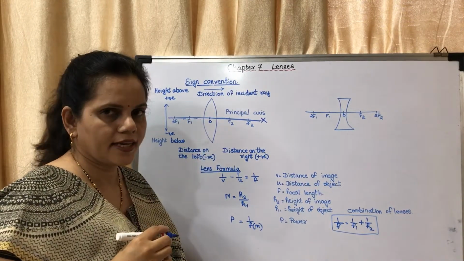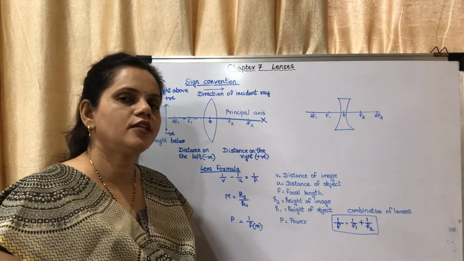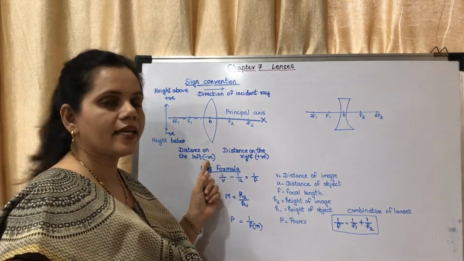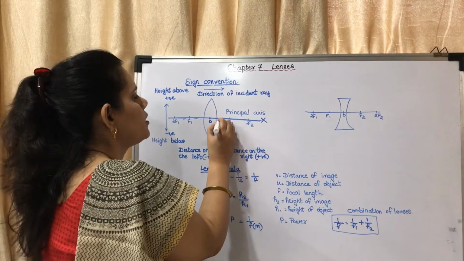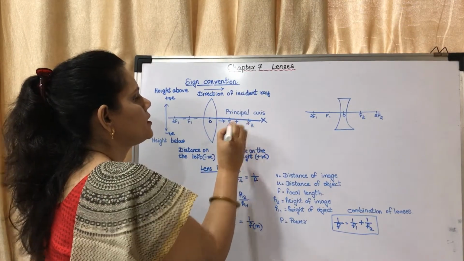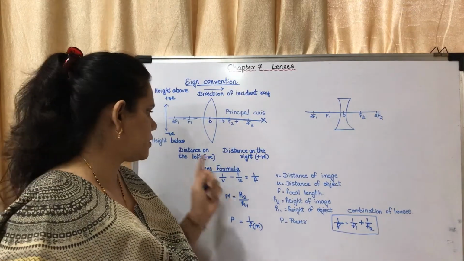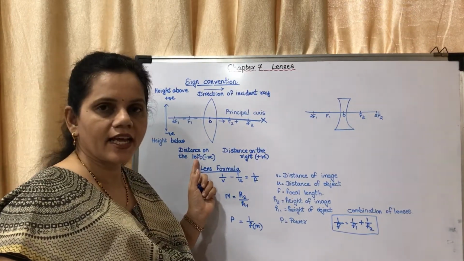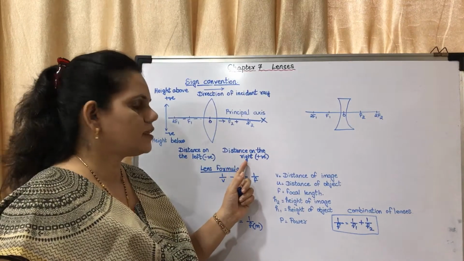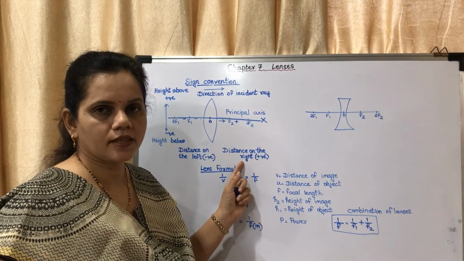Whatever values will be taken towards the right will be taken as positive. So distance on the left is taken as negative, distance on the right is taken as positive.